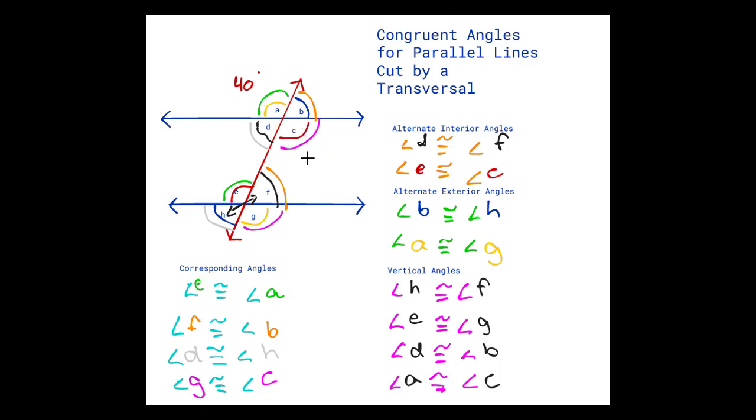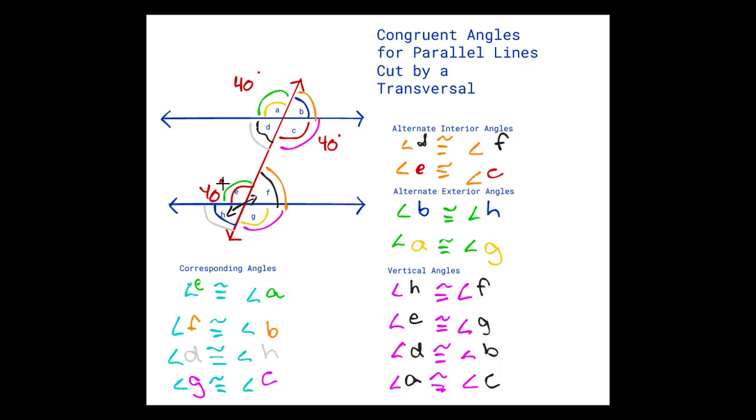So if A is 40 degrees, then angle C is 40 degrees. We also know that alternate interior angles are congruent. So if angle C is 40 degrees, angle E is 40 degrees.